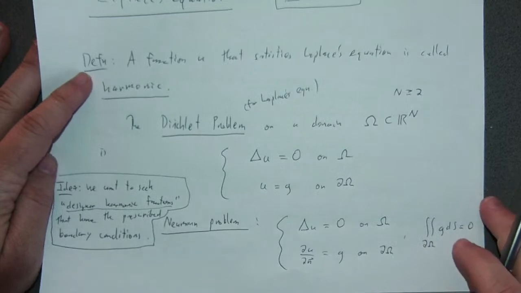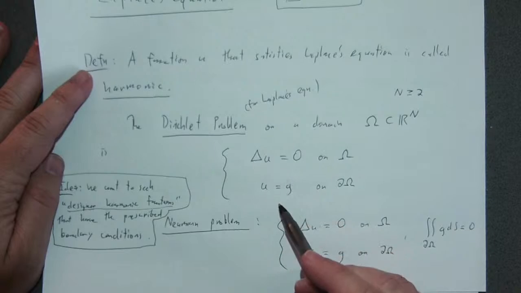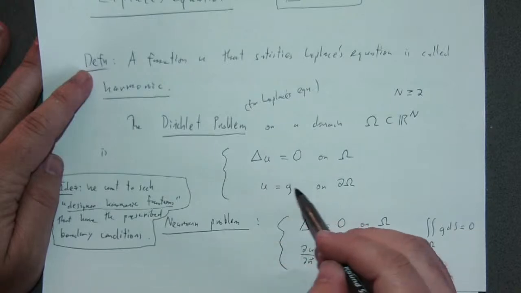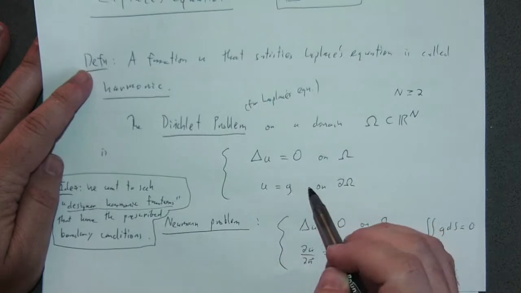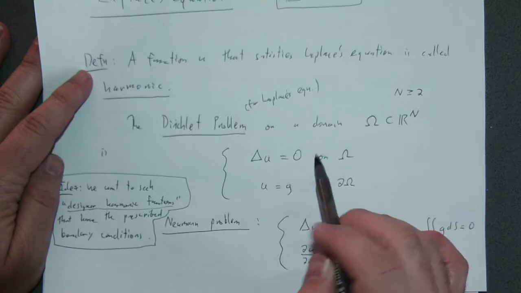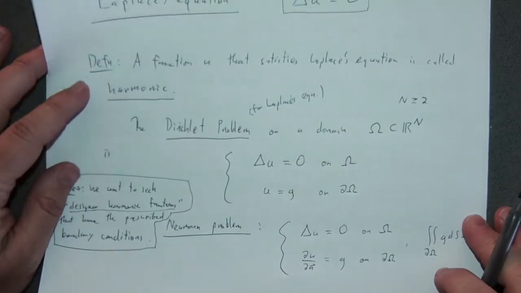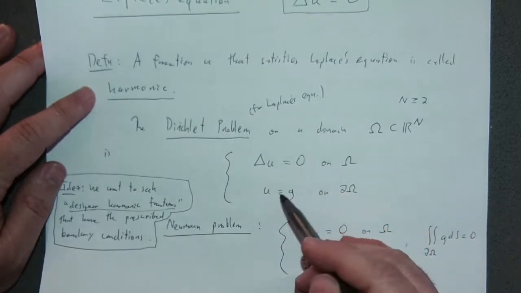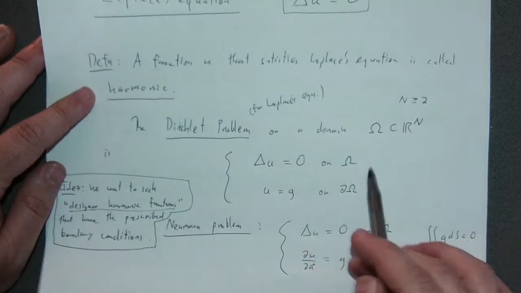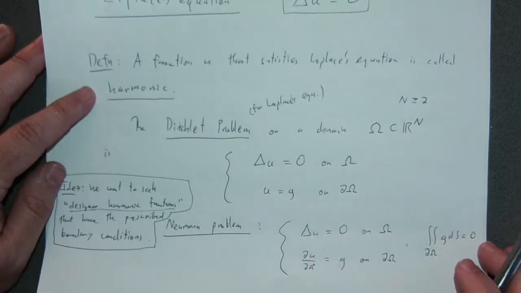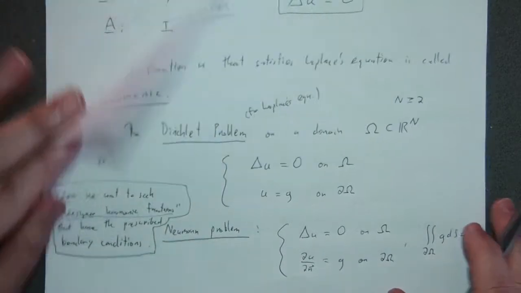Is that actually going to change the solution, right? If I change the value of this u at a single point on the boundary, so instead of g, it's a function that agrees with g everywhere except at a single point. The question is, does that change the solution u on the whole domain? And the answer is that yes, it does, right? It does.